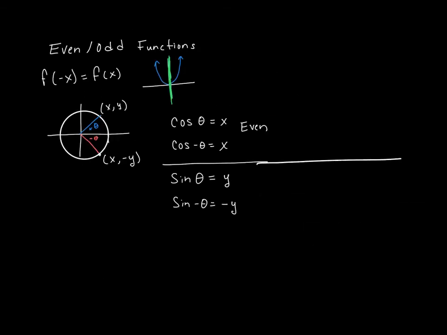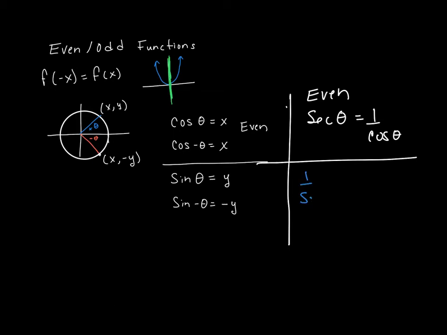Now, what about the other functions? Well, because cosine is even, the secant of theta, which is just 1 over the cosine of theta, is also even. But what about the other pieces? 1 over the sine of theta is equal to the cosecant of theta.